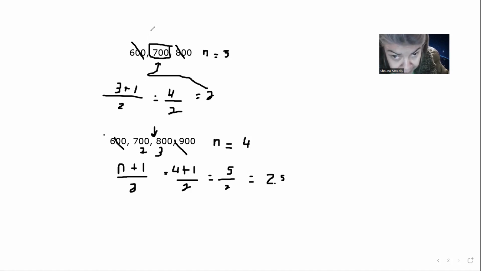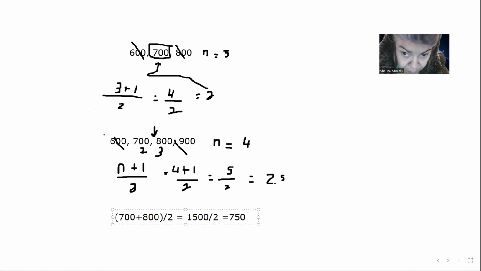So in order to calculate your median in this case, you're going to say 700 plus 800 divided by 2. And that would be 1,500 divided by 2, which is 750.